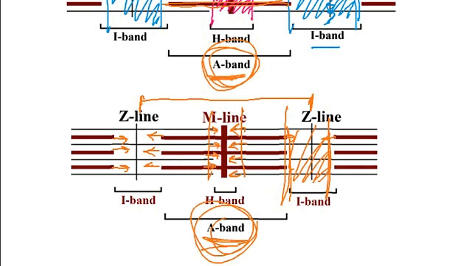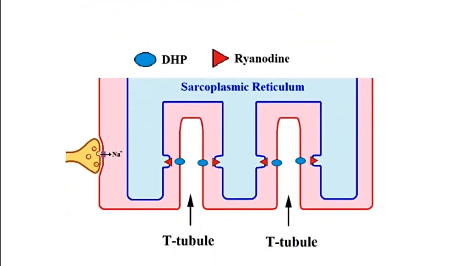Alright, next I would like to discuss the mechanism of contraction of the skeletal muscles, and then after that discuss the difference between the mechanism of contraction of skeletal muscles to the smooth muscles. So here we have a skeletal muscle, and the membrane of the skeletal muscle is shown in red, and then we have the sarcoplasmic reticulum, the membrane of which is shown in blue.